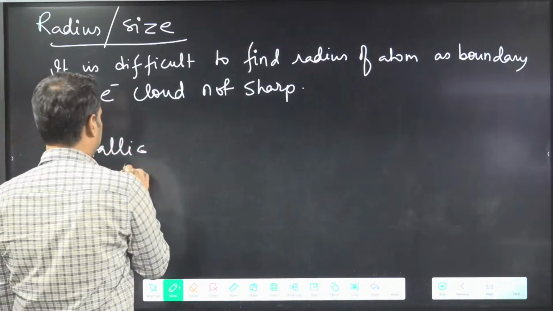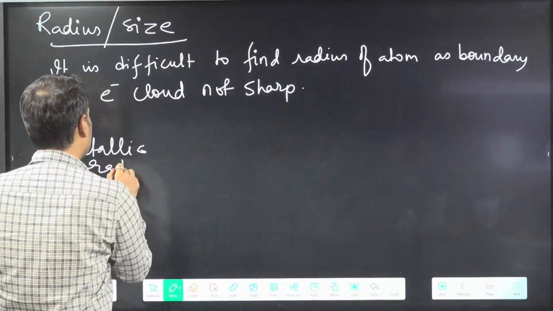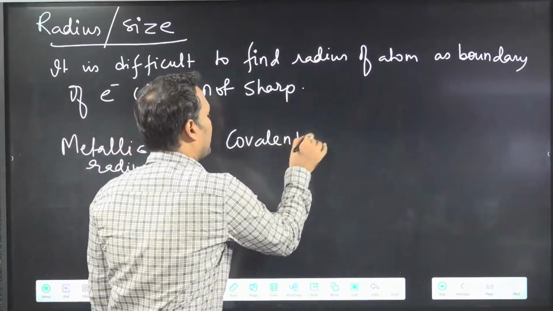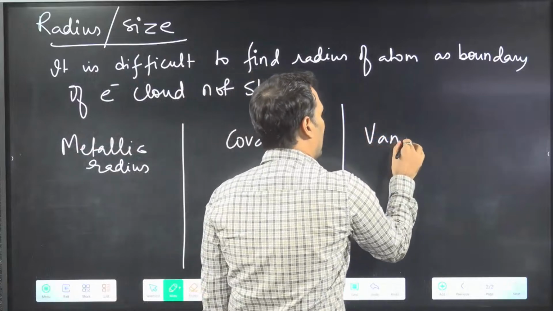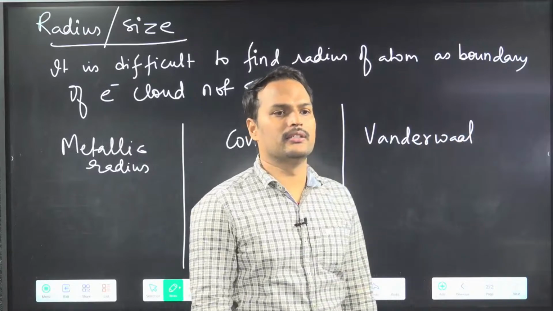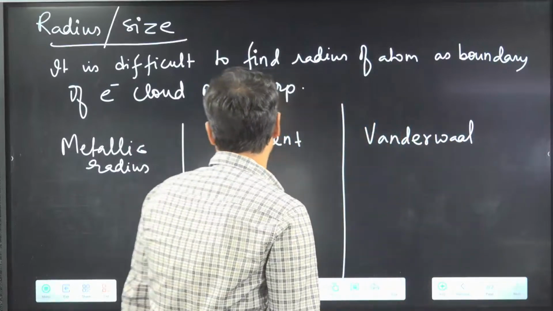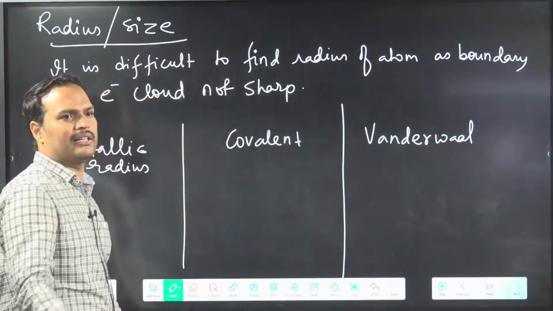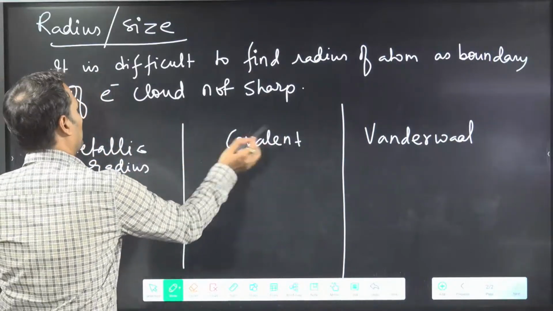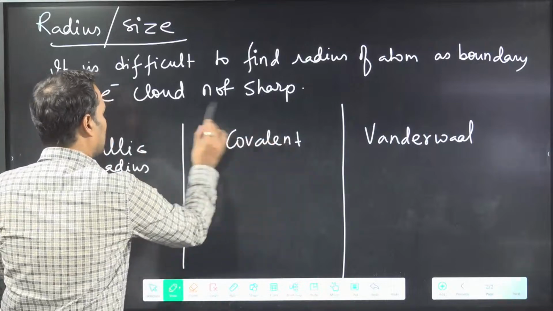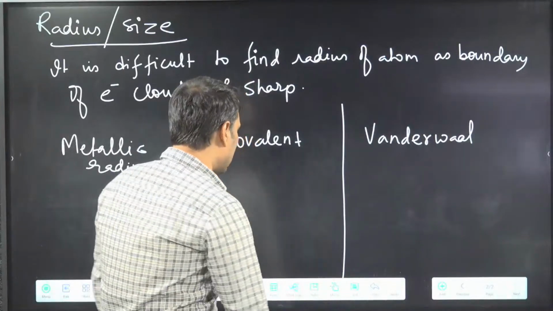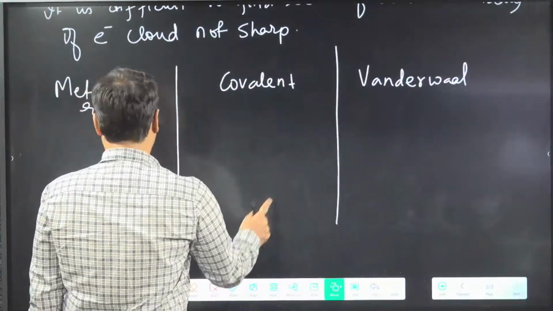Metallic radius, then they will say covalent radius, then van der Waals radius, then ionic radius, like this. Now NCERT considers, why are you telling so many names to me? NCERT considers metallic radius and covalent radius, both are atomic radius. Done, okay.